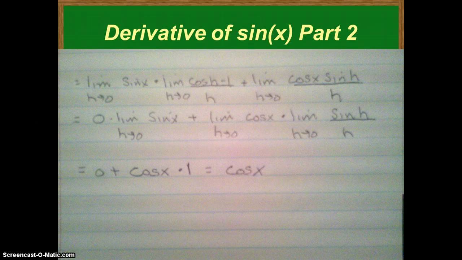Well, the limit of cosine of x as h goes to 0 is just cosine of x because there is no h term, but the limit of sine of h over h as h goes to 0 by a previous chapter is 1. So therefore, our final answer is 0 plus cosine of x times 1, or cosine of x.